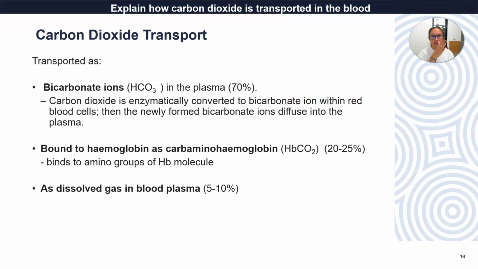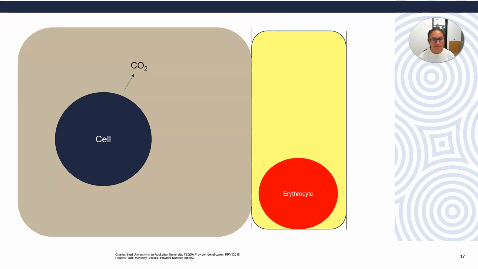Now we're going to get carbon dioxide from the tissue back to the lung where we need to get rid of it. We can't have it lying around because carbon dioxide creates an acid. Not good. So there are 3 different ways that we can carry carbon dioxide in the blood to the lung.